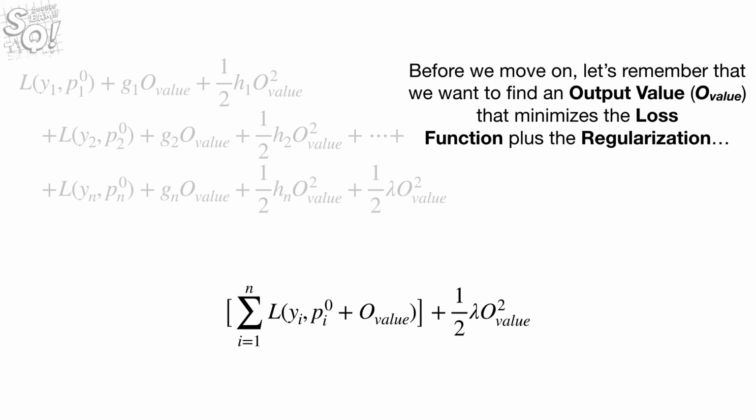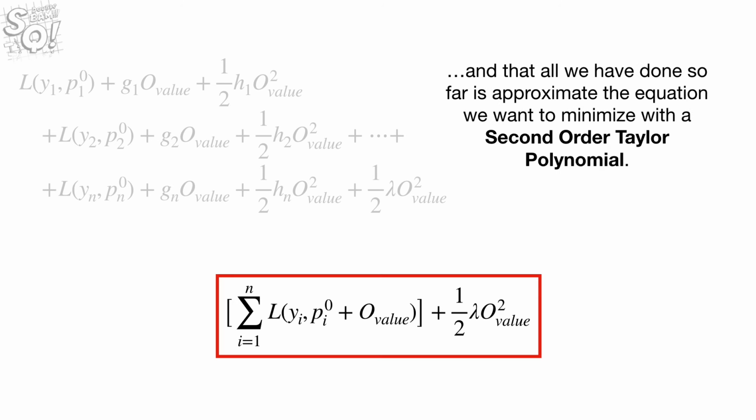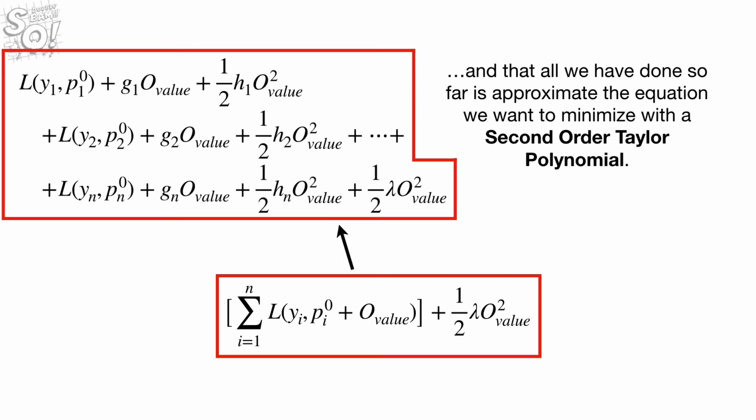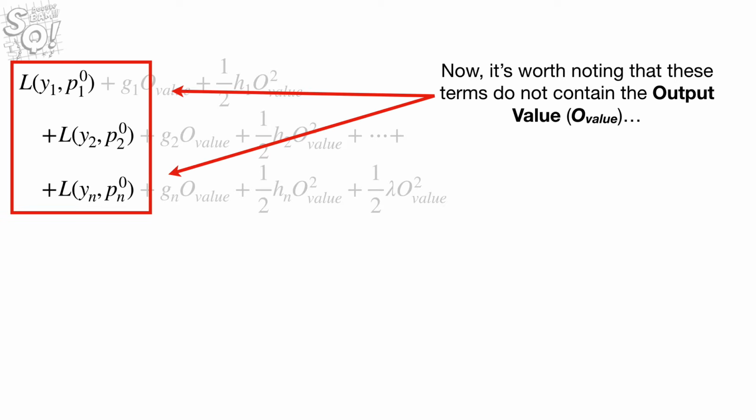Before we move on, let's remember that we want to find an output value that minimizes the loss function plus the regularization, and that all we have done so far is approximate the equation we want to minimize with a second-order Taylor polynomial. Now, it's worth noting that these terms do not contain the output value.